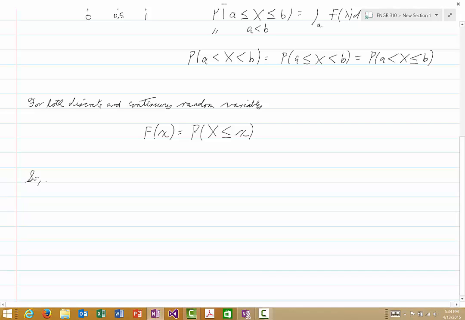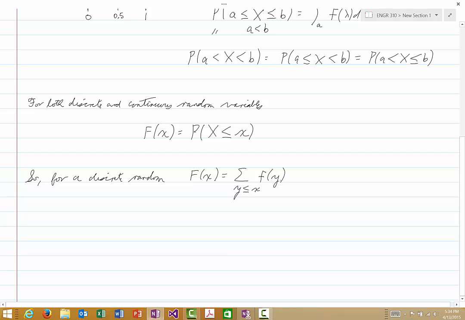So, for a discrete random variable, this is a little bit of a review here. F of x is equal to the sum over all y less than or equal to x of f of y.